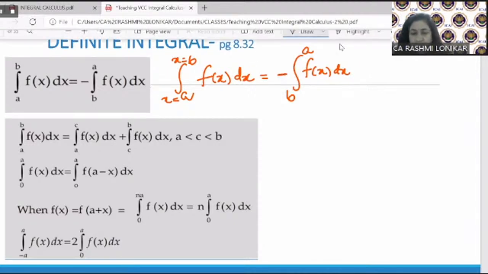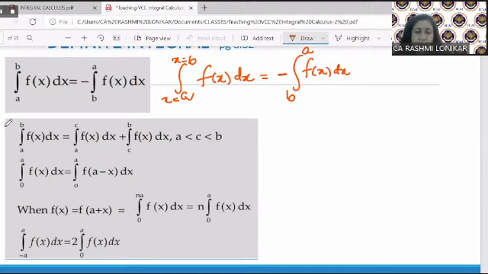Okay. You can even have, like suppose I have limit from a to b, then I can go from a to c and then c to b. Okay, that is also possible. So if I want to travel from a to b, if I have a point c over here, then integration will mean I can go from a to c and then from c to b.